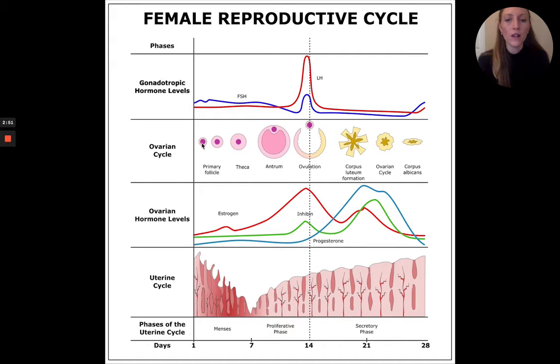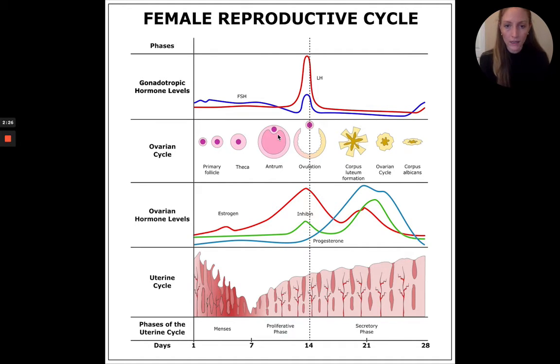And so our follicles, which are all hanging out in our ovaries, that encompass our eggs, start to grow because they're being told to by our brain. So our egg is this darker pink purple color and our follicle is this lighter pink color. So as FSH is released, we start growing our follicle bigger and bigger.